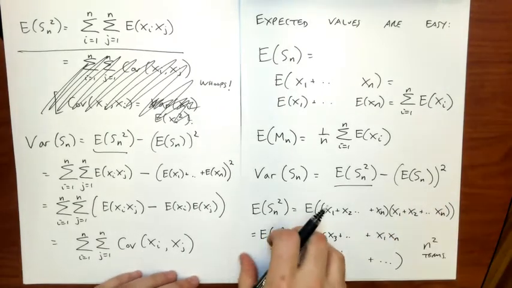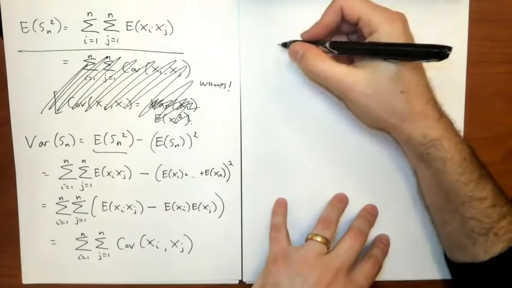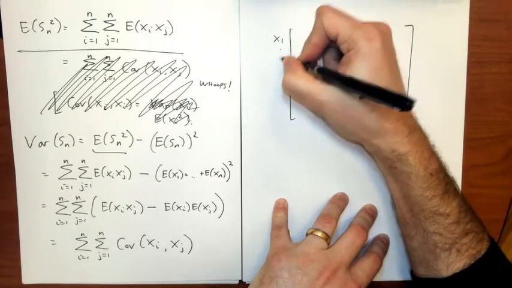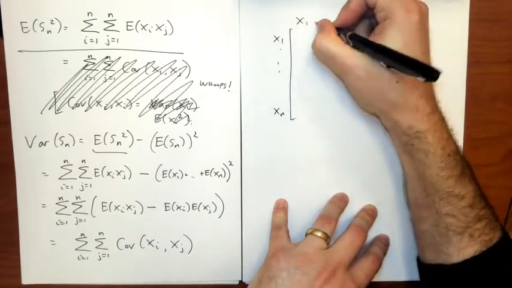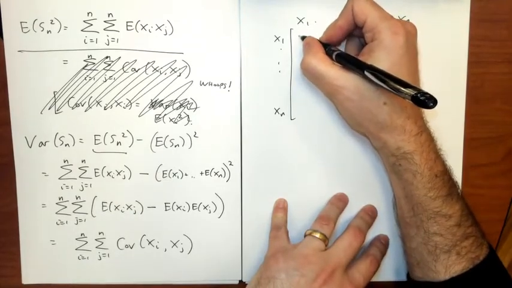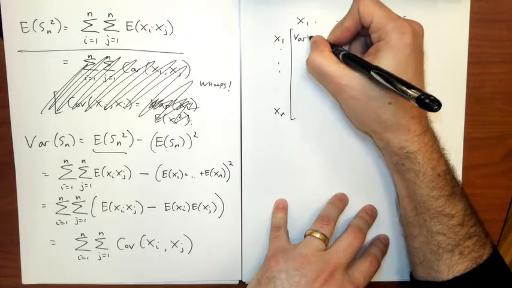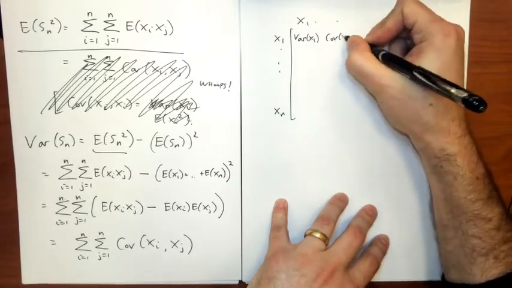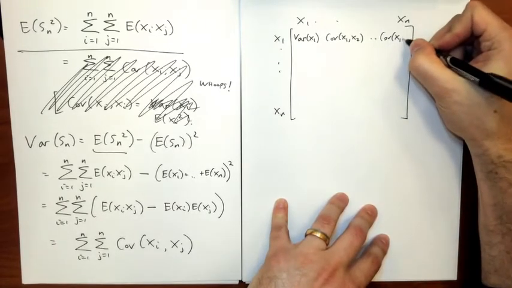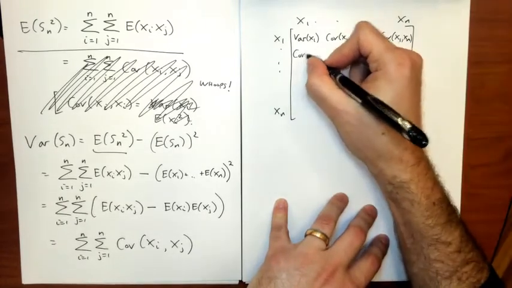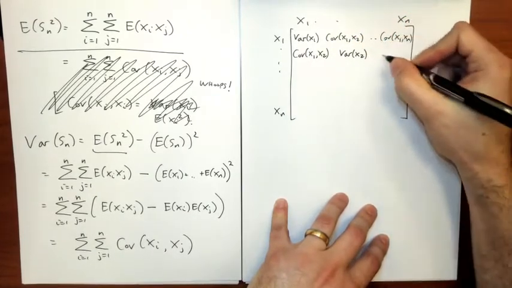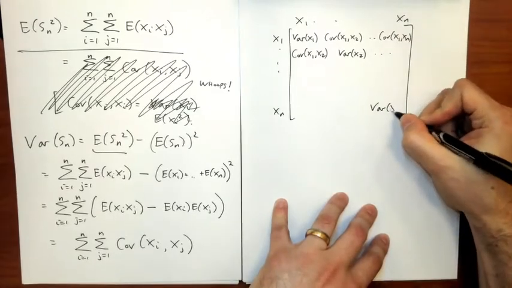If I have a matrix with the n variables here and the n variables here, this entry is the variance of x1, this is the covariance of x1, x2, the covariance of x1, xn, and so on, all the way down to here.